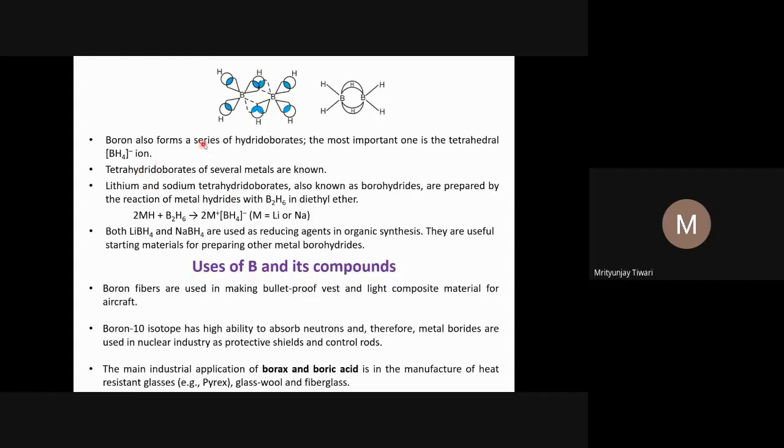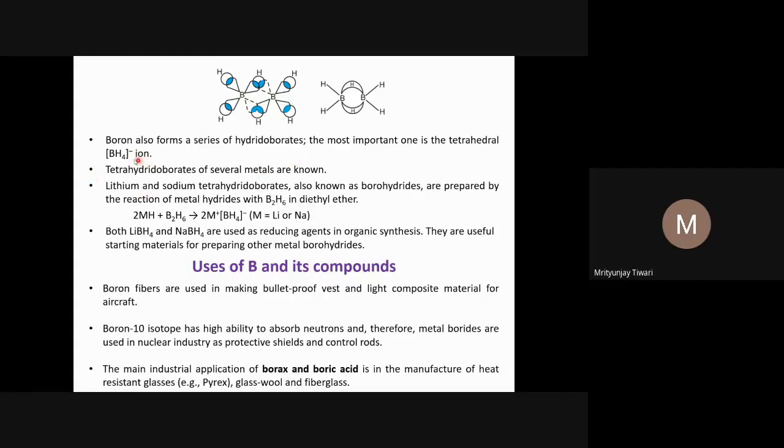So boron also forms a series of hydroborates, and the hydroborates that we know, like BH4 minus. BF4 minus is a different thing. The hydroborates means the hydrogen and the borate formation.